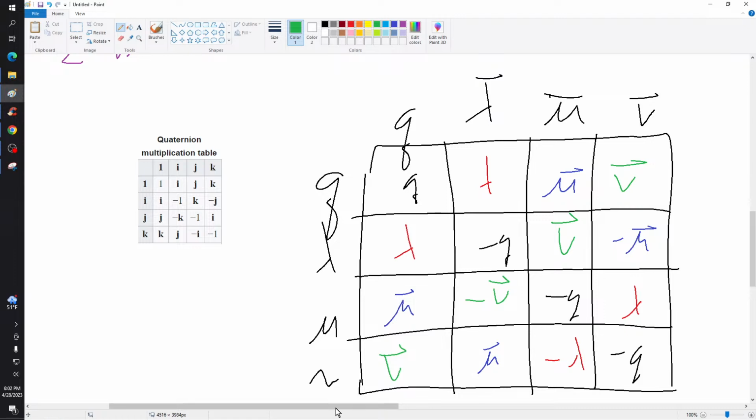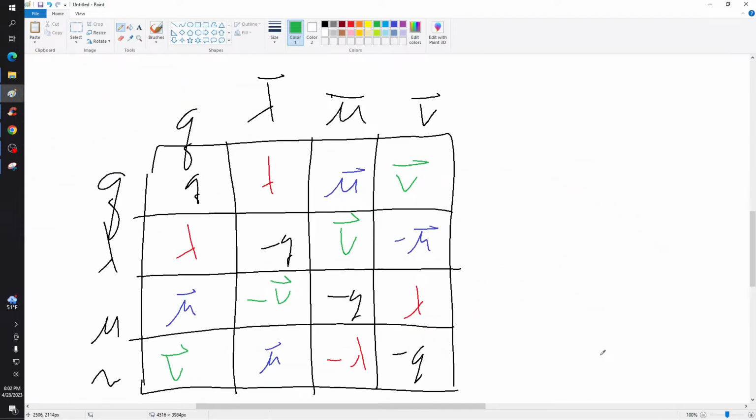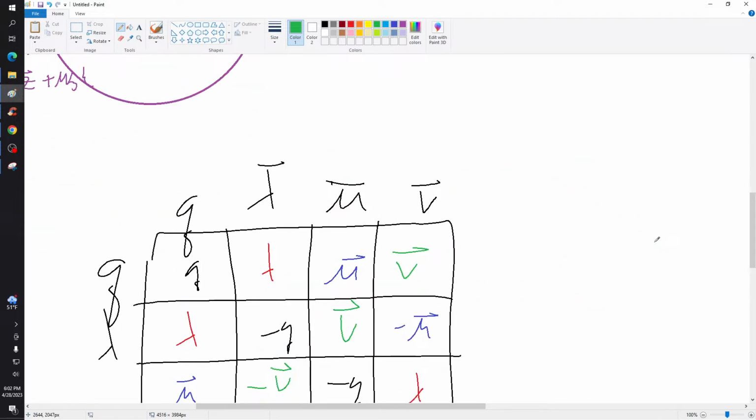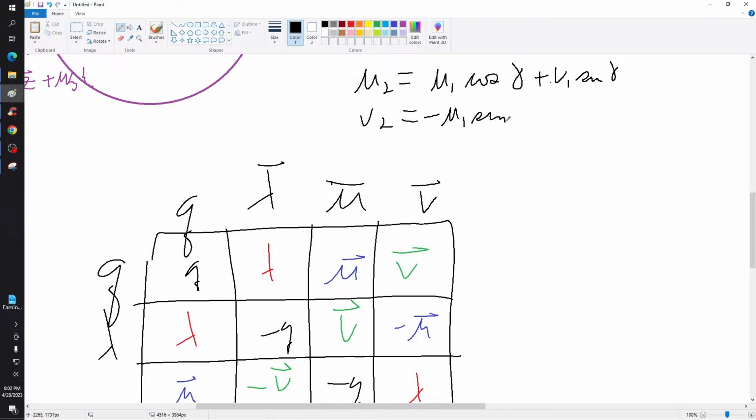So you can replace mu and nu in this table with mu2 equal to mu1 cosine gamma plus nu1 sine gamma, and nu2 equal to negative mu1 sine gamma plus nu1 cosine gamma, for any angle gamma.